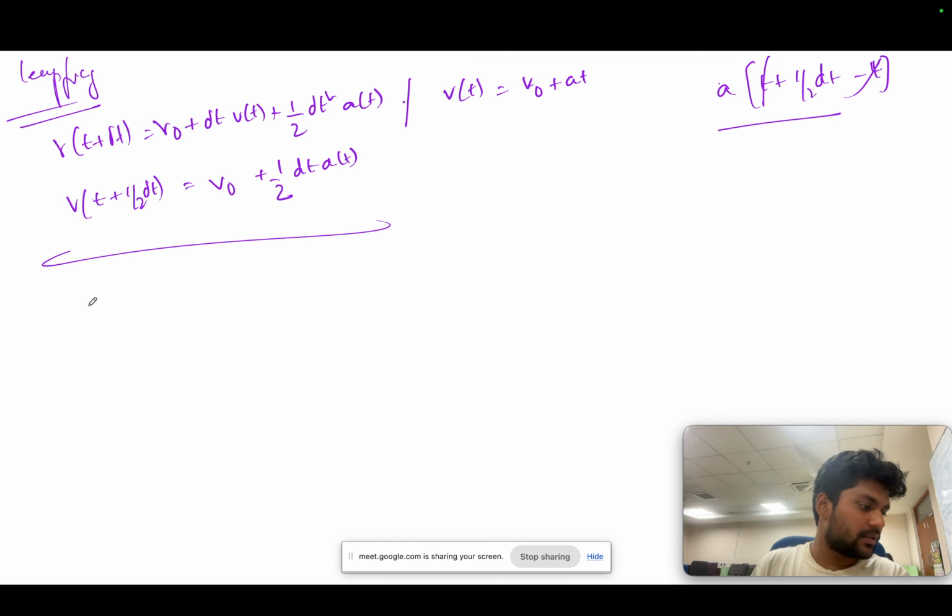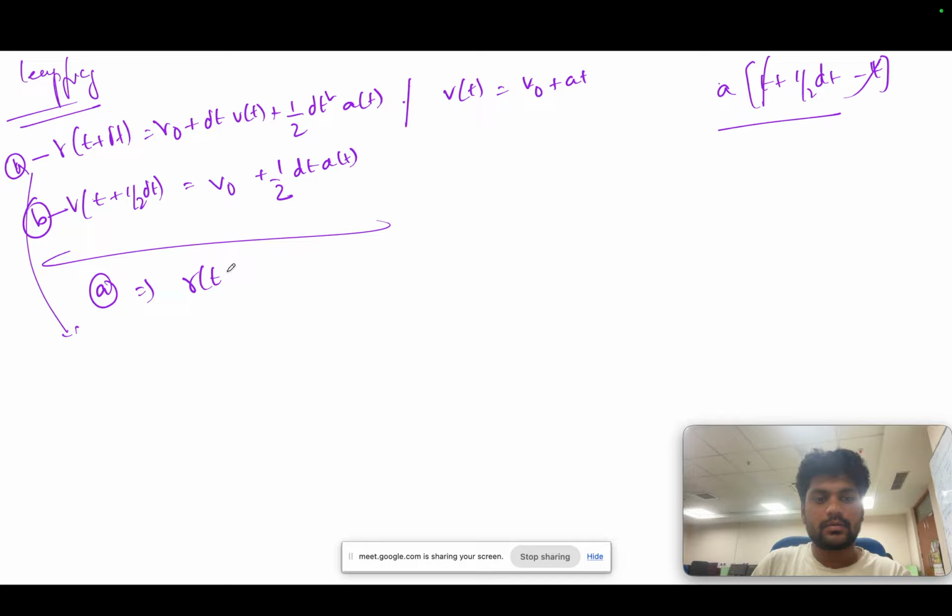So what he has done was, assume this is the first equation, a and b. From here, if we are taking common, we got V of t plus half dt a of t, which is nothing but this one.